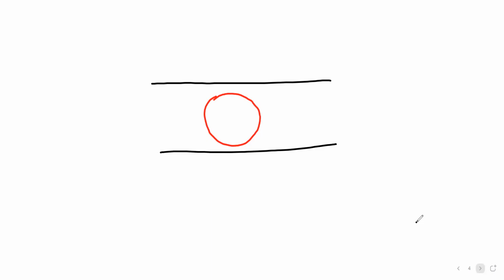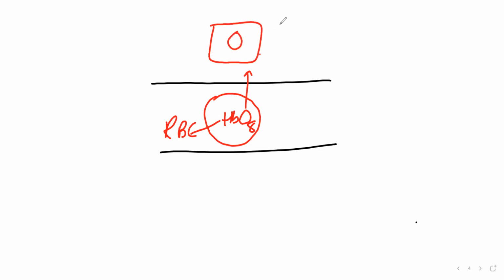Now what are those factors? This is a red blood cell. We need to see what factors will allow the hemoglobin molecule to detach oxygen, because it is saturated with oxygen and has to give it off to the respiring tissues. Let's suppose this is a respiring tissue, or any cell that needs oxygen.